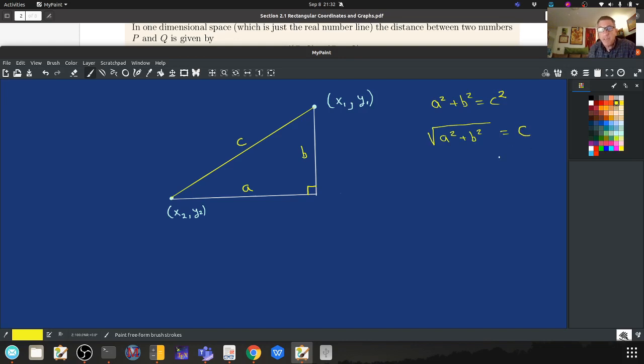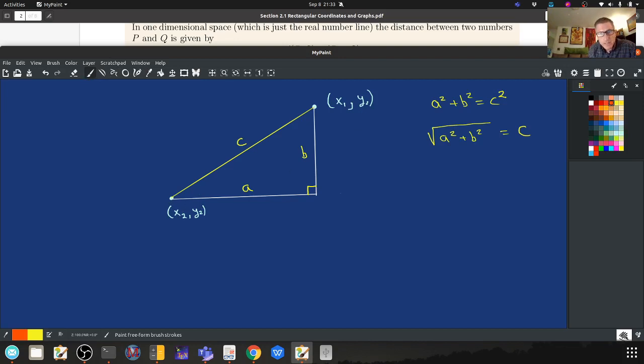So now all we need to know is, how do we calculate the length of B? Well, supposedly this is in some coordinate axis. So I'm going to draw the coordinate axis here. And, well, really, I'm not even going to bother to do that.